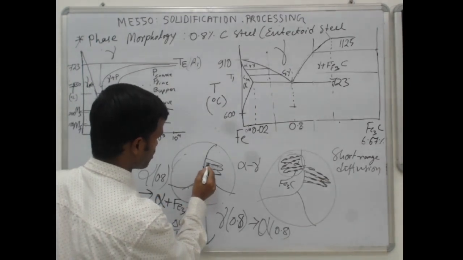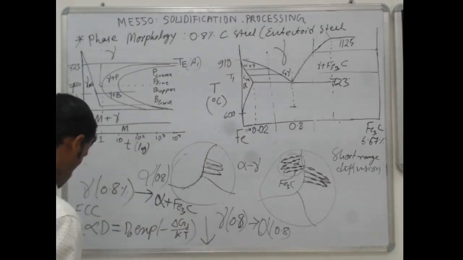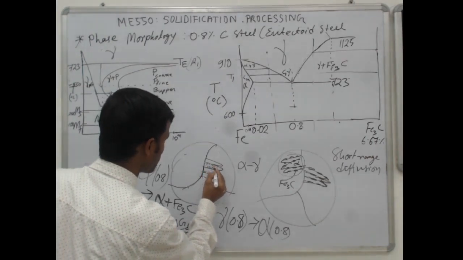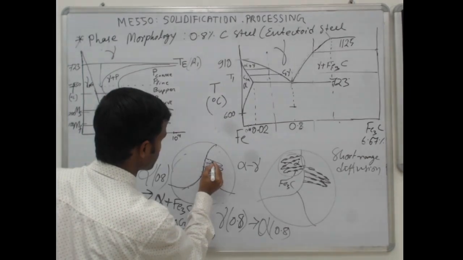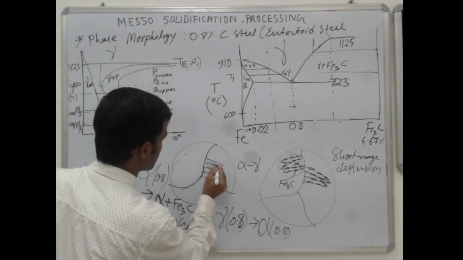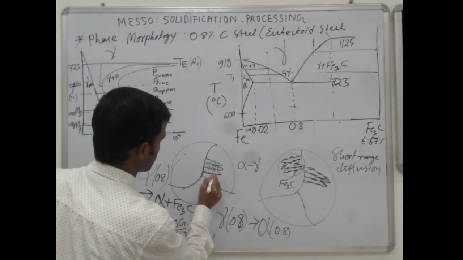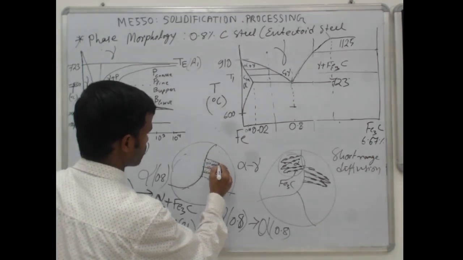So you get different planes, but those planes are broken at some particular angle to the ferrite planes. So generally for eutectoid steel, this angle is 55 degrees. This angle is with this plane.